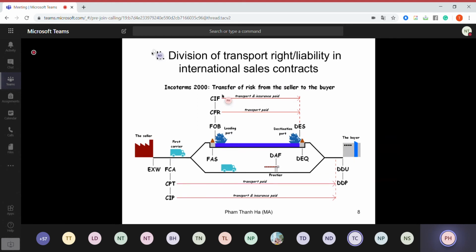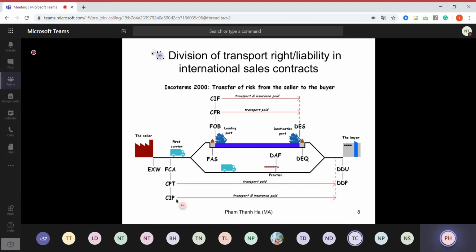If the buyer receives an offer with a more expensive price, sometimes he or she doesn't want to buy our goods anymore. So that's why ICC recommends that if the seller applies the CIF in the sales contract, he should apply the minimum clause.